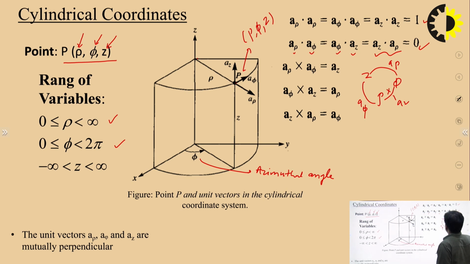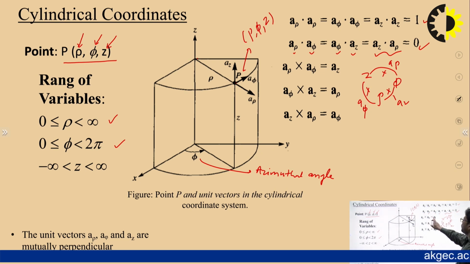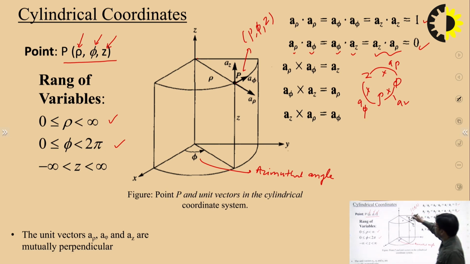If I take the cross product of a rho and a phi, it is always equal to az; the cross product of a phi and az is always equal to a rho; and az and a rho is always equal to a phi, right. Here a rho, a phi and az are the unit vectors. The direction of a rho is always the radial direction of this radius.